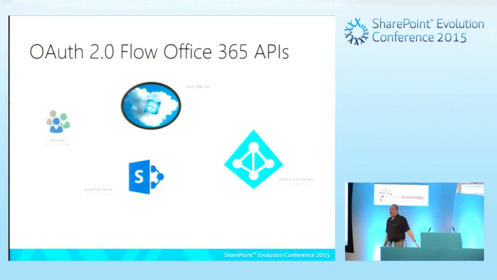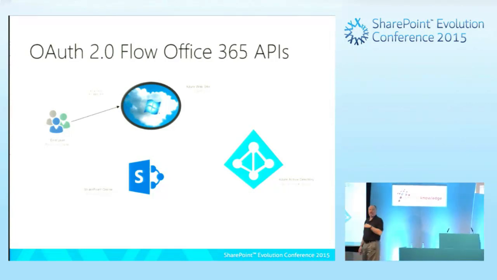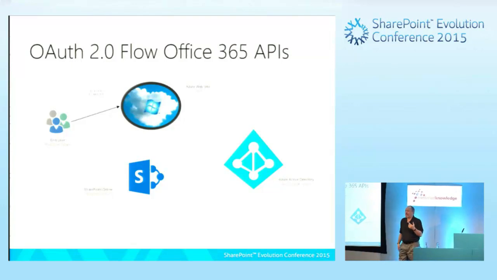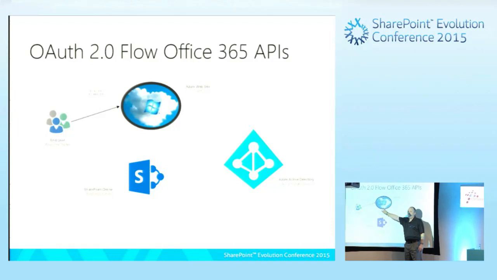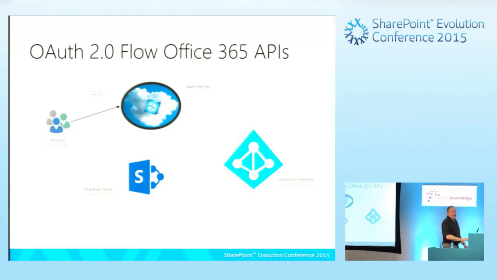This is our same actors in here. We have our user navigate to the app. This is another difference. If I'm writing an app using the Office 365 API, the expectation is that I start in the app. Before, we were starting in SharePoint. So I start in the app.